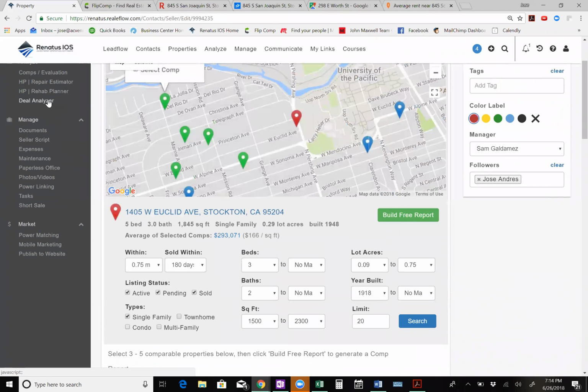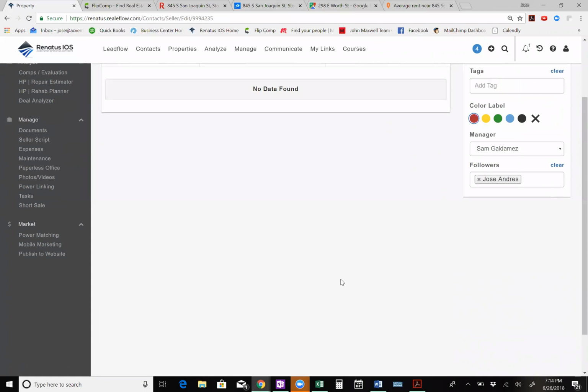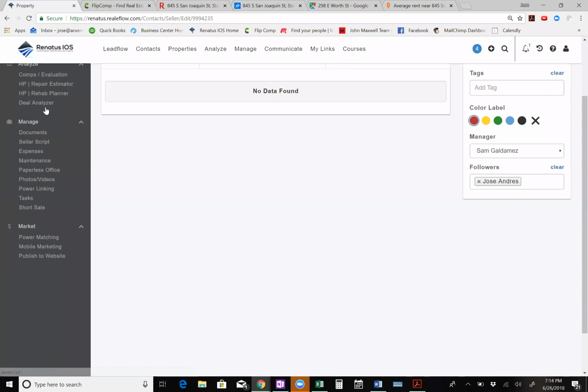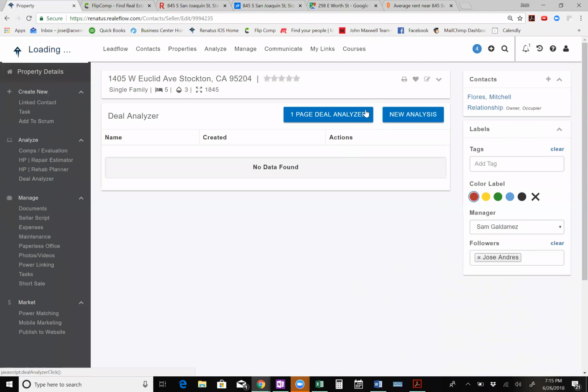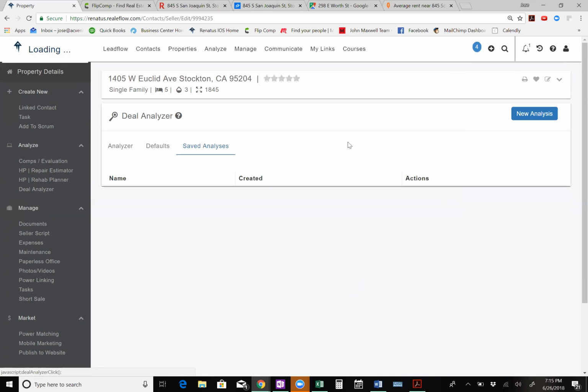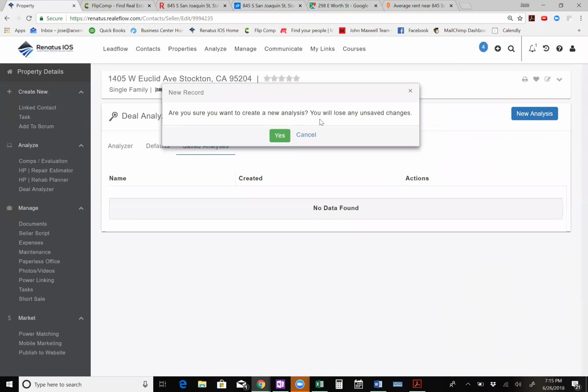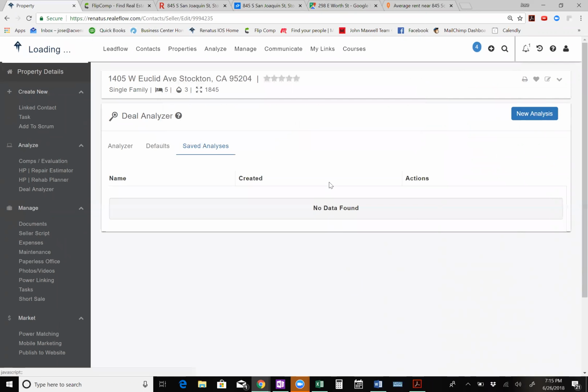Now, if we're going to analyze the deal, we got the ARV, right? Now it's going to look like, let's see, 1-page analyzer, like we said. I don't know anything about this property, so we're just going to use it for example purposes.